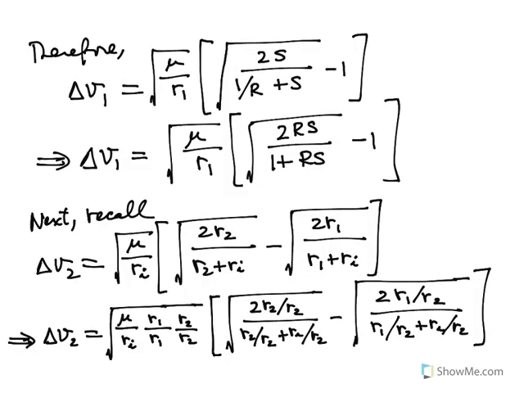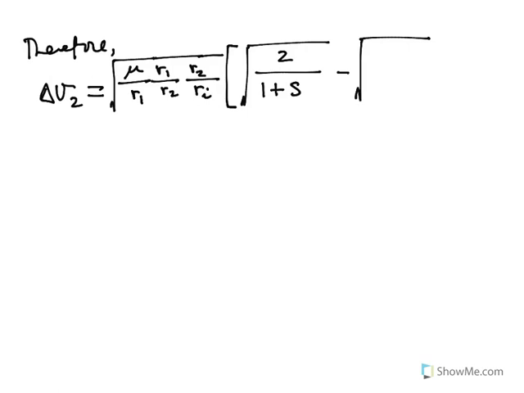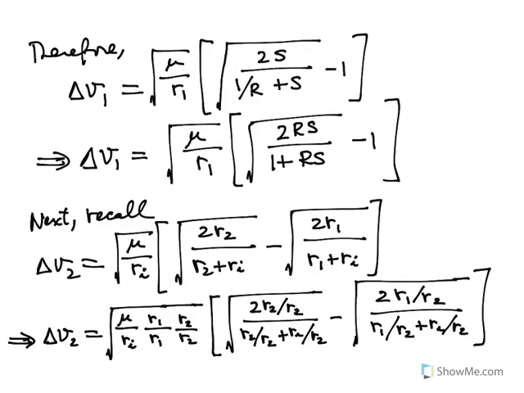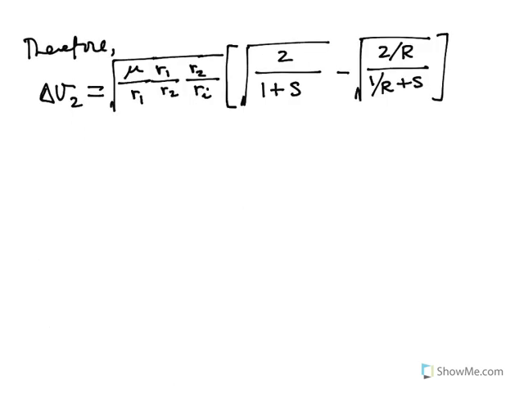So if you look back here, you've got R1 over R2, so that gives me 2 divided by R, all divided by 1 divided by R plus S. And that 1 divided by R is because, again, I have an R1 over R2.